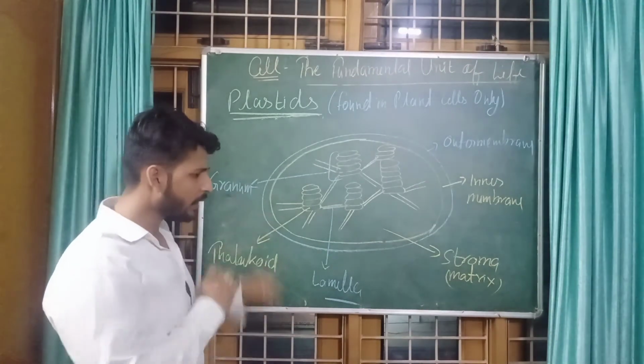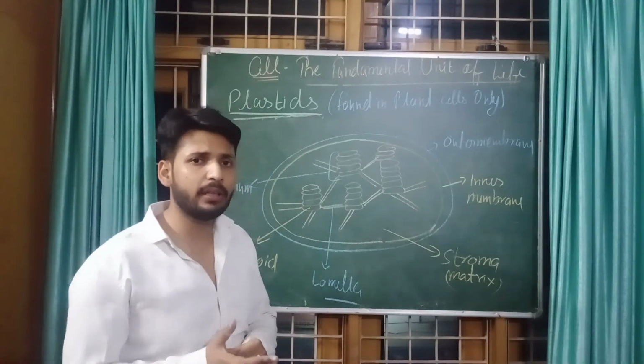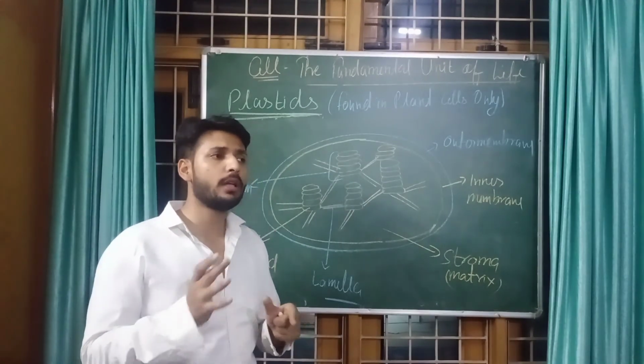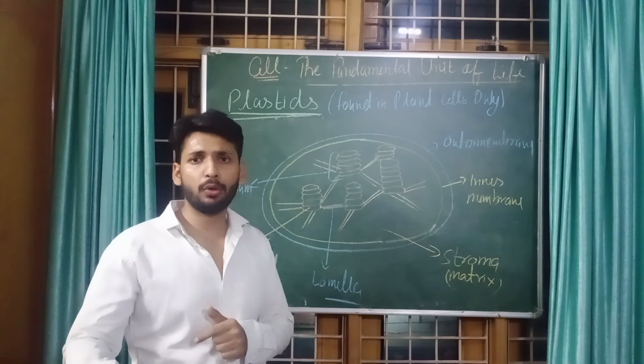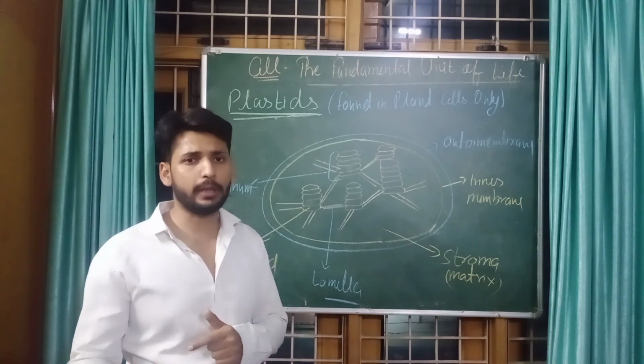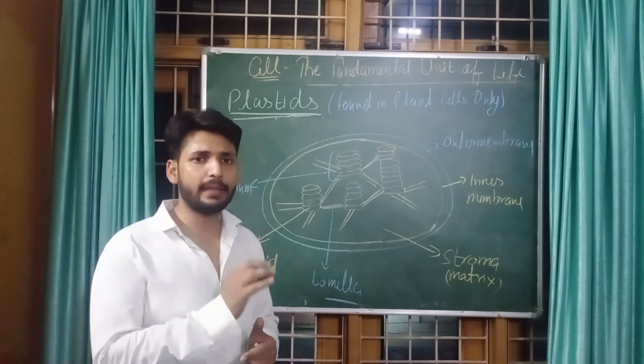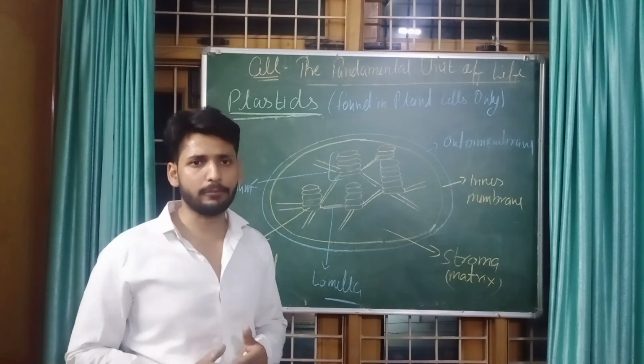Got it? Chloroplast contains its own DNA and its own ribosomes, so that they can produce their own protein, and they are self-autonomous bodies and they can replicate by themselves only.